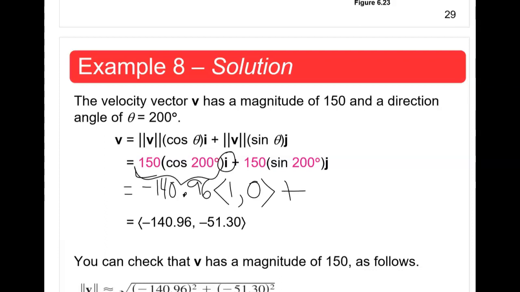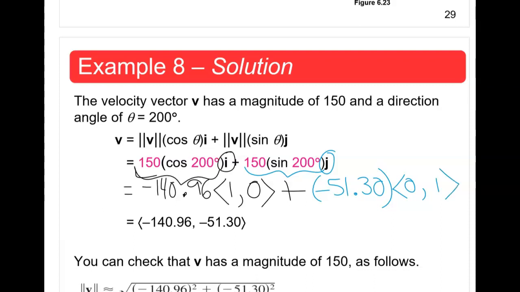From there, we will add, if we calculate this, of course, you need your calculator because 200 is not one of those common angles. So you will get negative 51.30 and times the j vector. So that is the vector 0, 1.